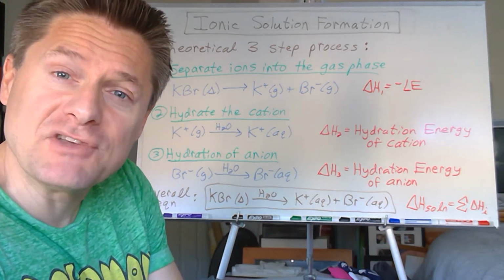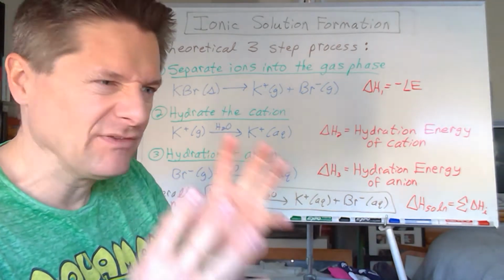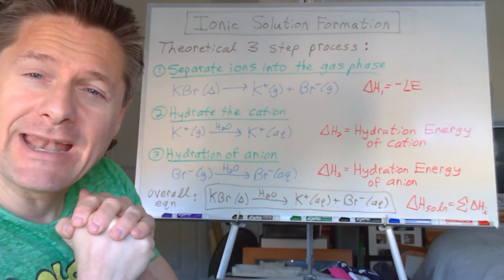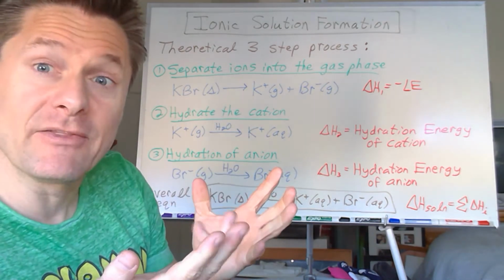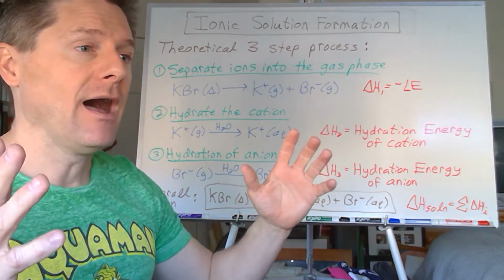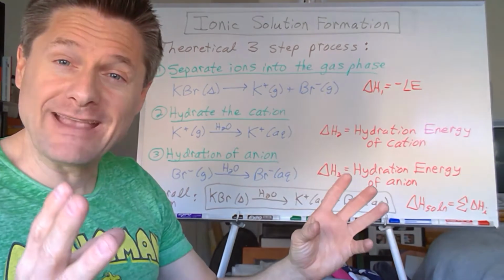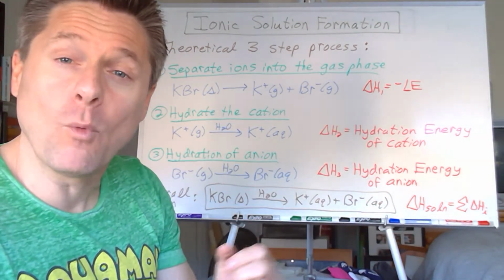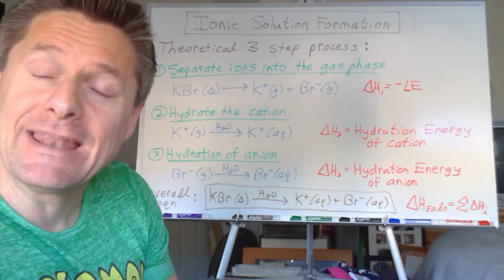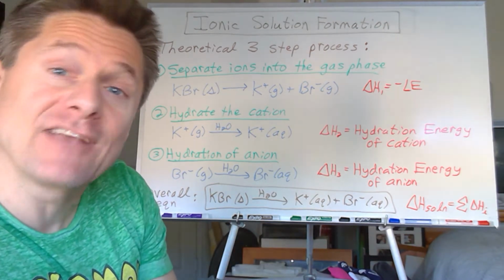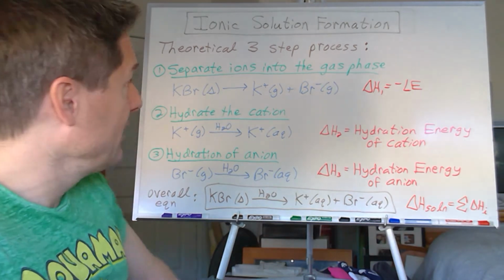Remember, the lattice energy represents the interionic forces between the cation and anion. Technically, the lattice energy is the energy change when you bring the gas phase cation and anion together to form 1 mole of the ionic solid, which is usually a very high negative process because that's an exothermic process, very favorable. Well, this is the opposite, right?